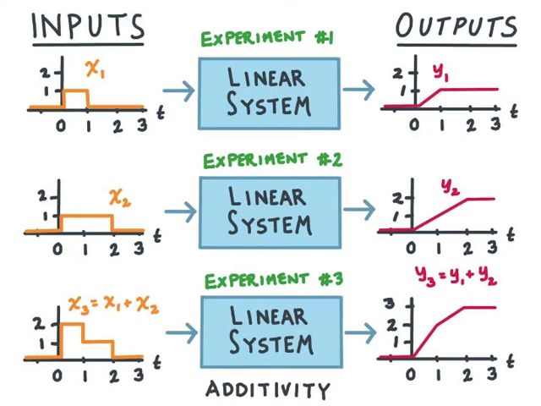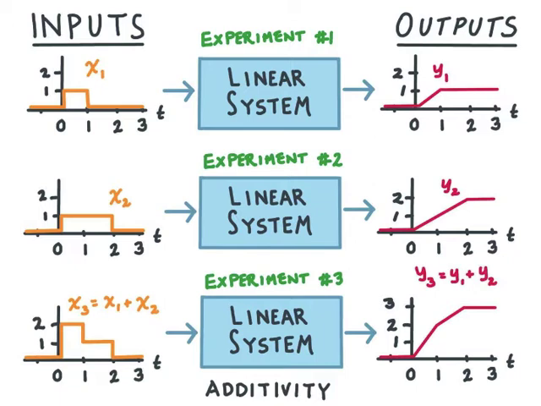Here is a graphical interpretation of the additivity condition. So on the left we have inputs x1, x2, and x3 equals x1 plus x2. And we're going to conduct 3 experiments. We're going to use the same linear system. And we'll put each one of these inputs into the linear system.